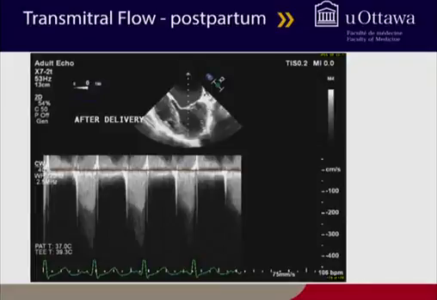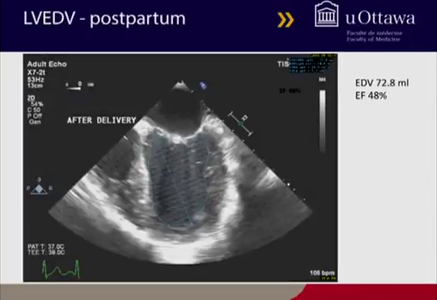And this is the postpartum, and you can see the jet actually has increased. So we were witnessing an improved flow after delivery across the valve. And the ejection fraction actually went up. Now we anticipated it to go up, but it actually did go up.